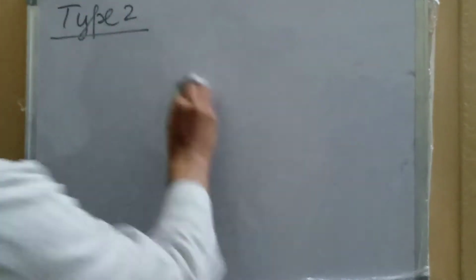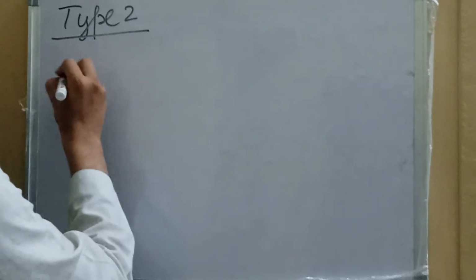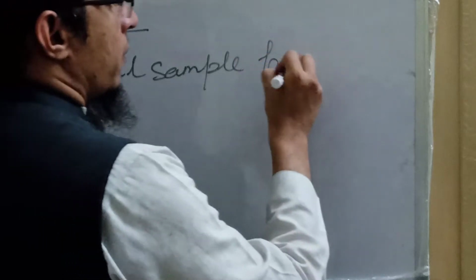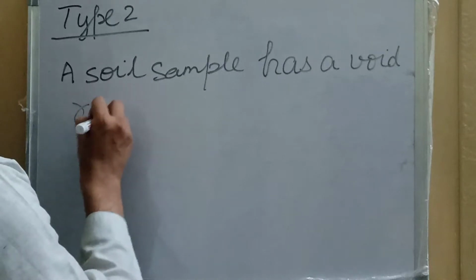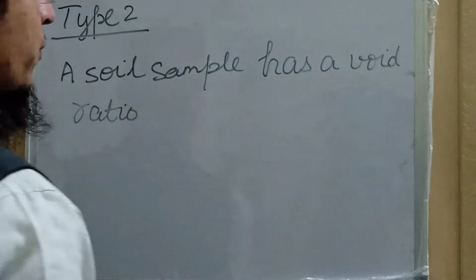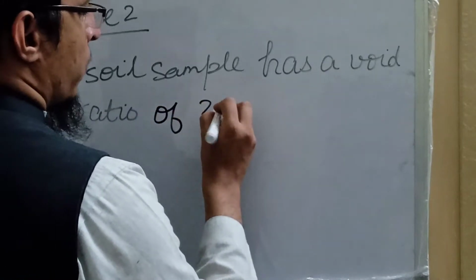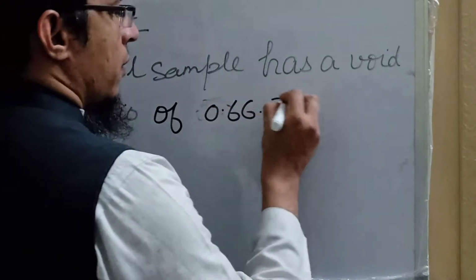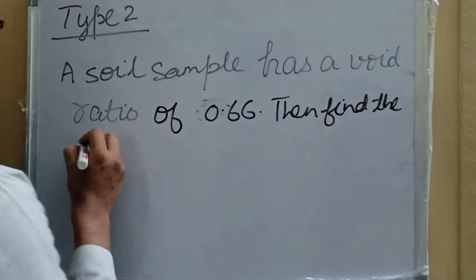So let us start. For example, if we take a numerical problem, here we can write: a soil sample has a void ratio of, suppose, 0.66, then find the porosity.